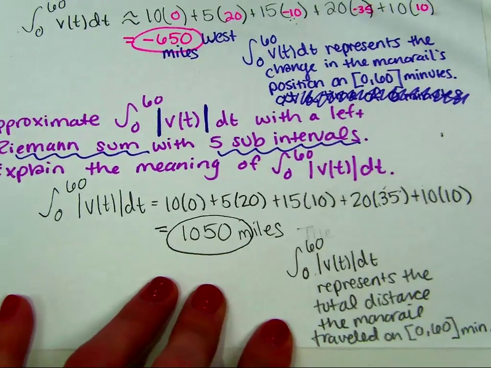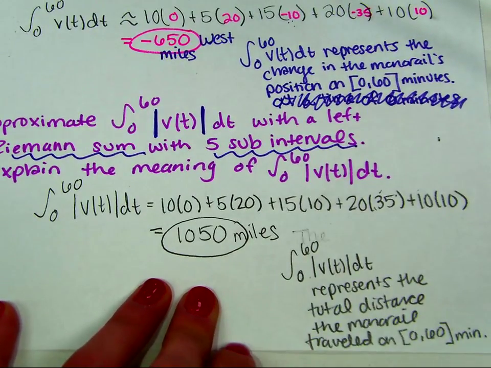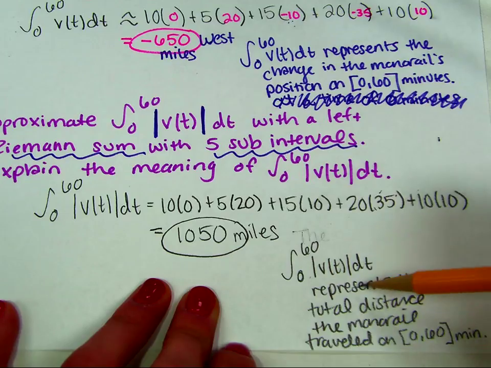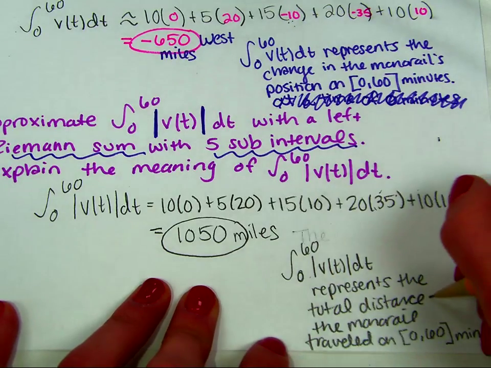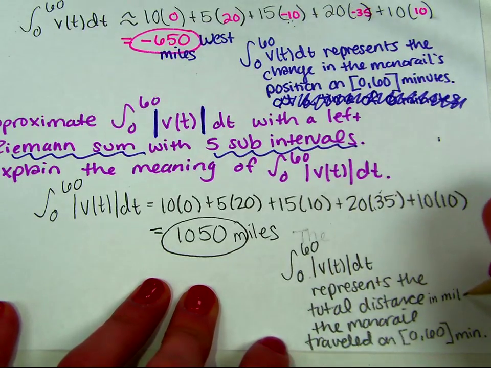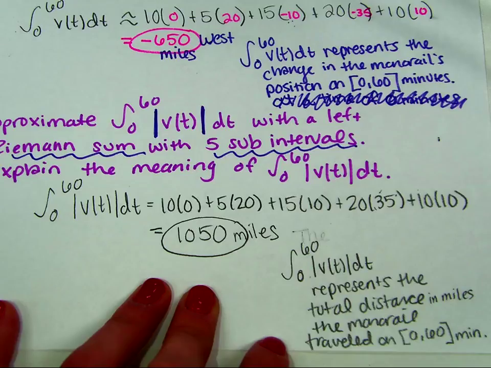Remember, you want to be very specific. Definitely mention units. We could probably improve this by saying it represents the total distance in miles that the monorail traveled from 0 to 60 minutes.